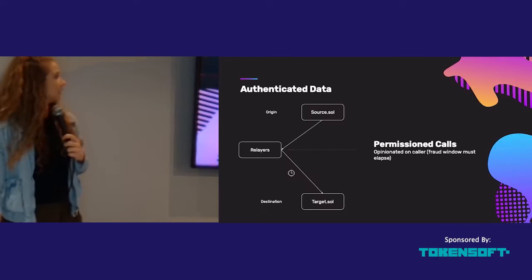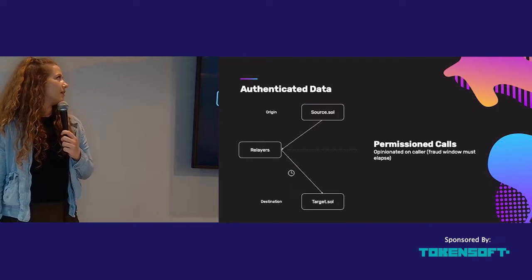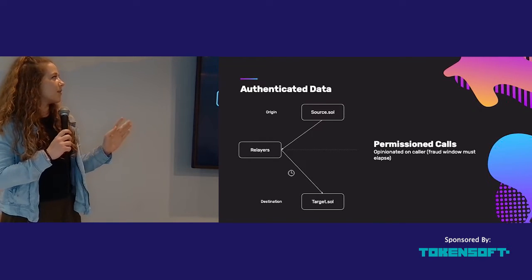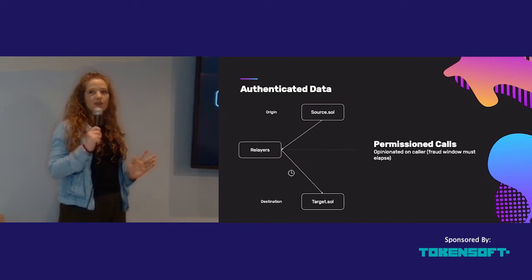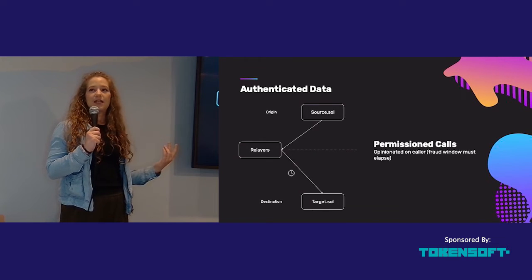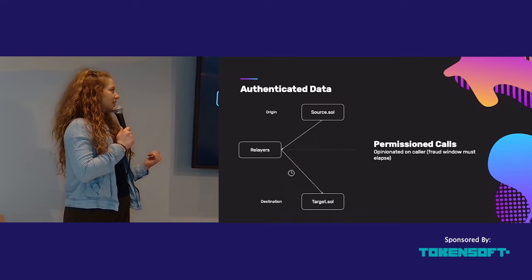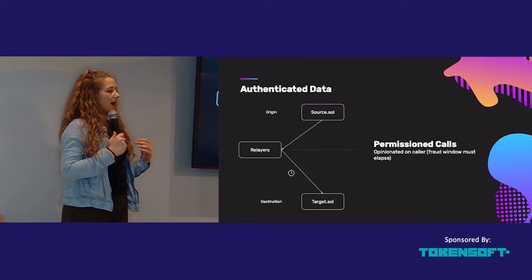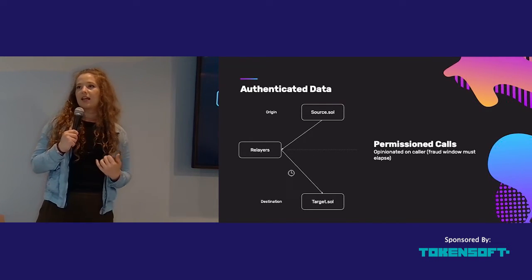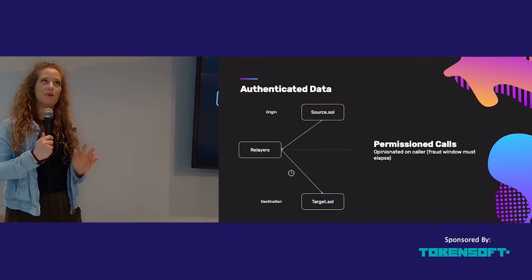Before we get into some example code, one other thing that's important to understand is this idea of authenticated data. I brought it up before, but here's how it plays into this system: you have authenticated and unauthenticated calls. What does that mean?